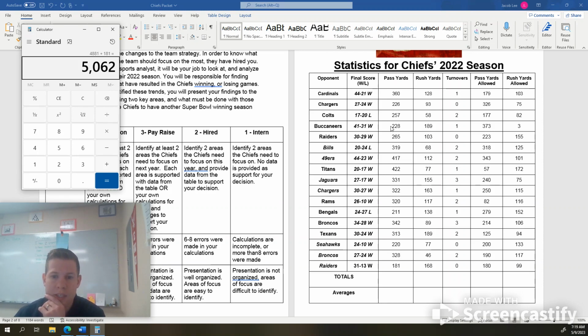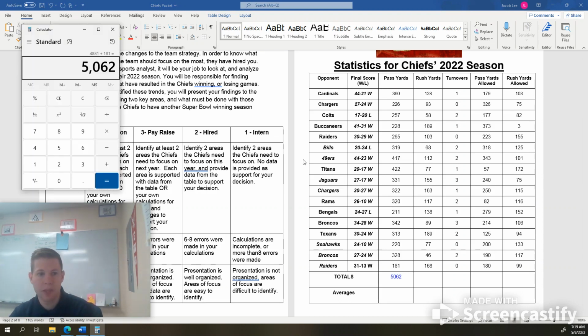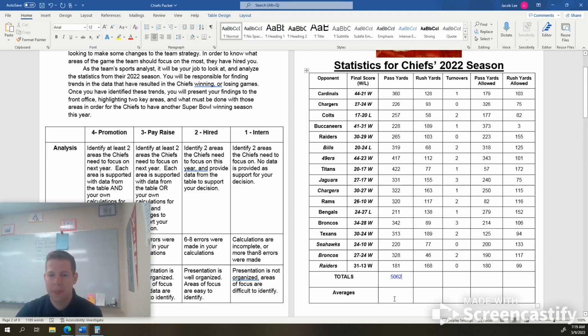All I did was take each of these numbers in this column here and added them together. To get the average, I'm going to take this 5,062 and divide it by 17 games. Round it to the nearest yard. In this case, it is 297.7. That would round up. So we'll say they average 298 yards per game.